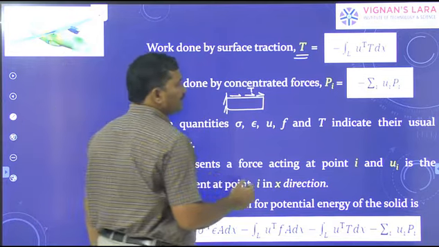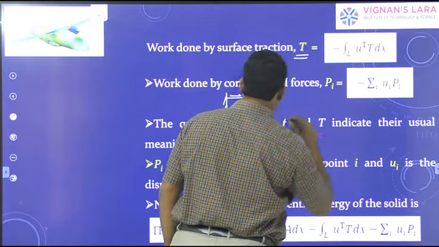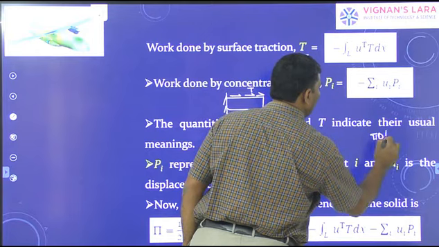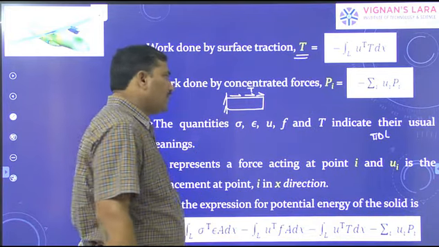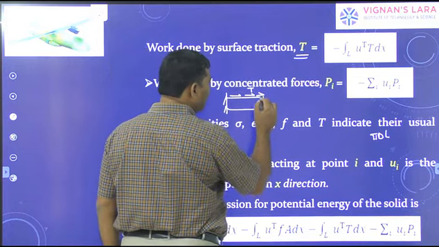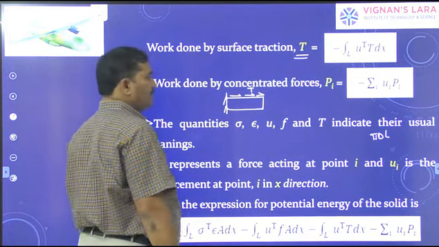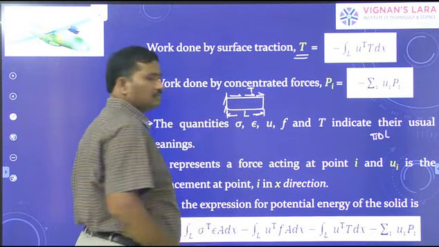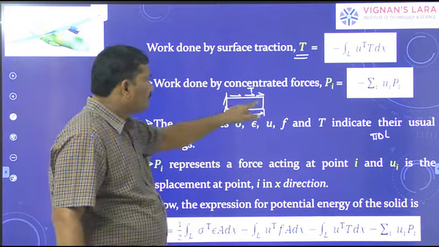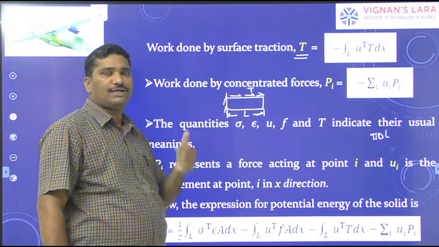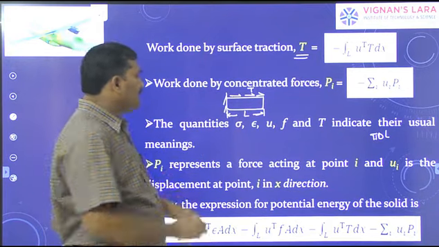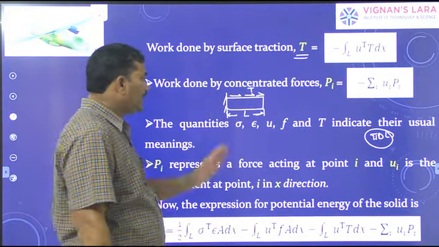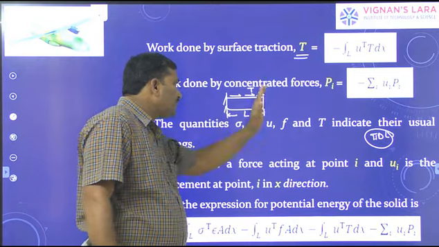The surface area is simply pi d into L. If d is the diameter of this solid and L is the length of the solid, then the perimeter is pi d, and pi d into length of the solid gives you the surface area. Here the perimeter pi d is constant through the length of the solid.